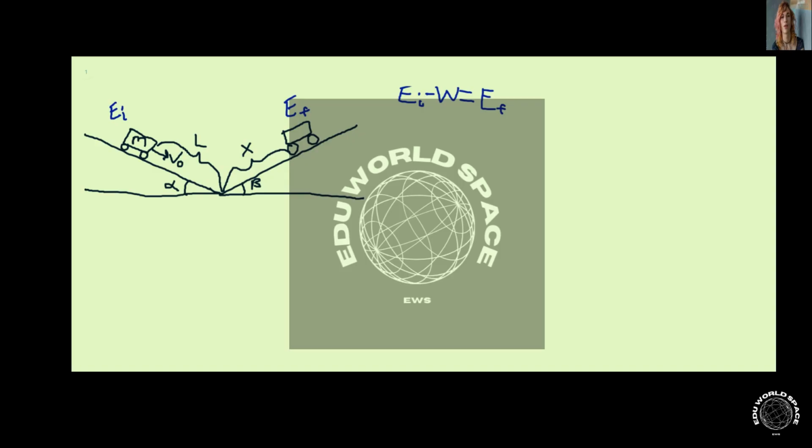The initial kinetic energy, which I'm going to call Ki, is one half times the mass of the truck, m, times the speed of the truck, v0, squared. That's our basic definition for kinetic energy. And then the initial potential energy, which I'm going to call Ui, is just the gravitational potential energy.